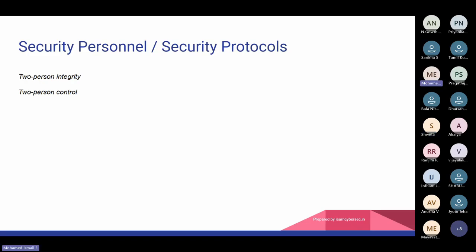Two-person integrity, what does that mean? You have access to a specific building or a room. Two security guards should validate and allow you. You can fool the first security guard, but somehow you cannot fool the second one, right? That is human tendency. If you are doing some social engineering to compromise the first security guard, the second security guard will catch you.